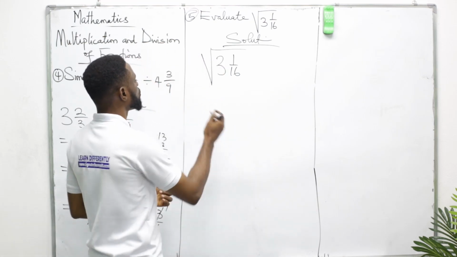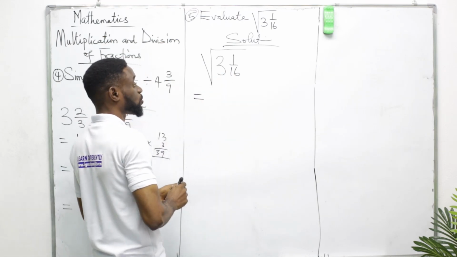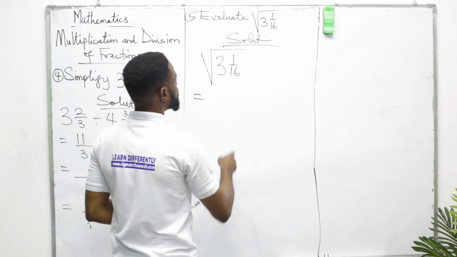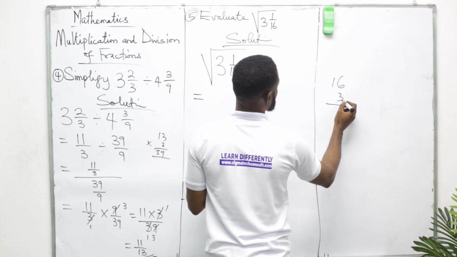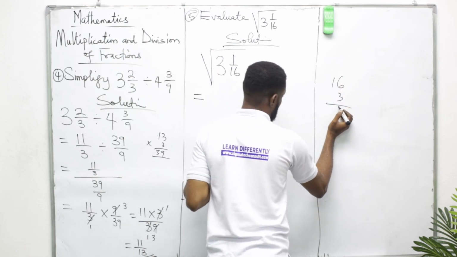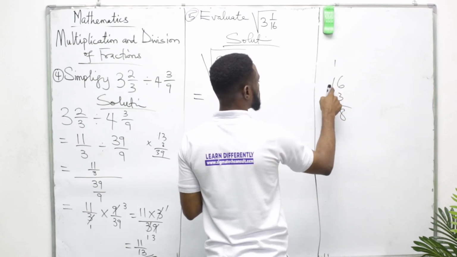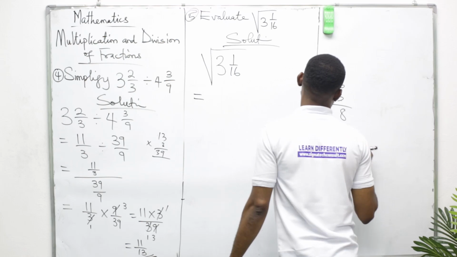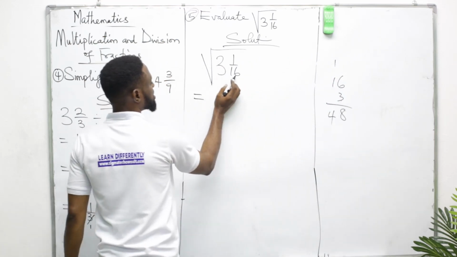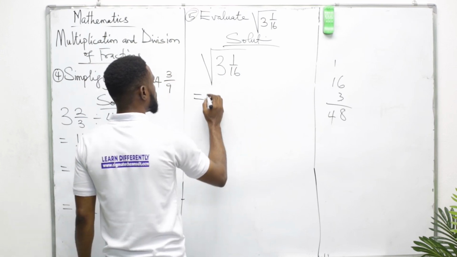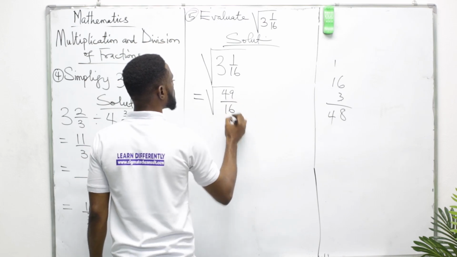So what do we do? We change this to an improper fraction. 16 times 3 is 48, plus 1 is 49. So this is the square root of 49 over 16.